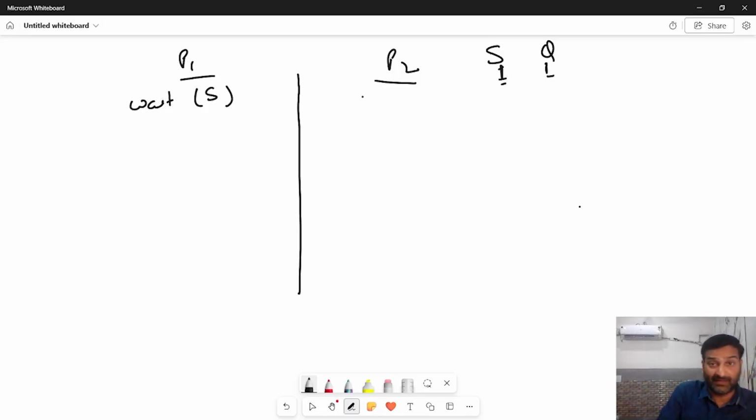At the same time, P2 executes wait Q. These two semaphores are related to two resources. Just understand it like S is a resource and Q is also a resource. So P1 has executed wait S, and P2 has executed wait Q.